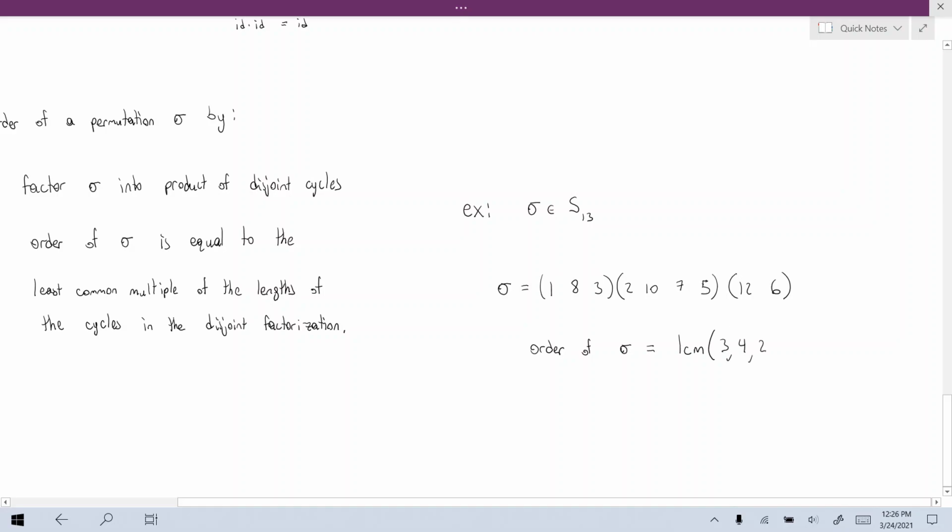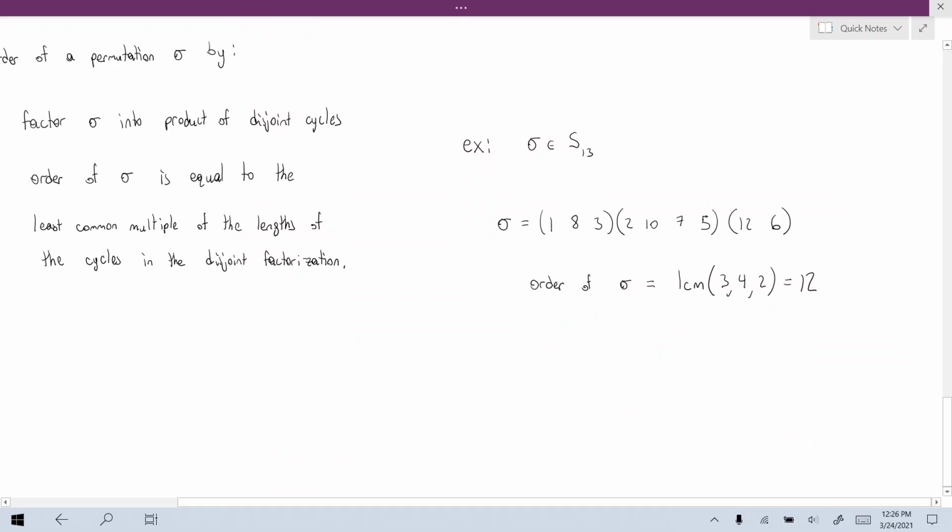So what's the least common multiple of 3, 4, and 2? That would be 12. Okay? So without having to raise sigma to any power, I can already tell that sigma to the 12th power will be the identity permutation, and that 12 is the smallest such positive number that would do so.